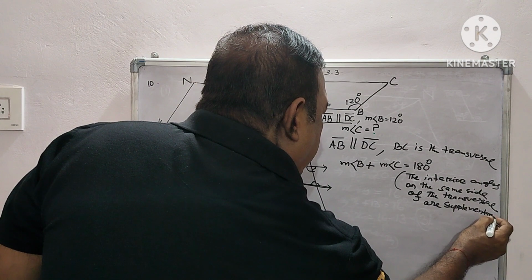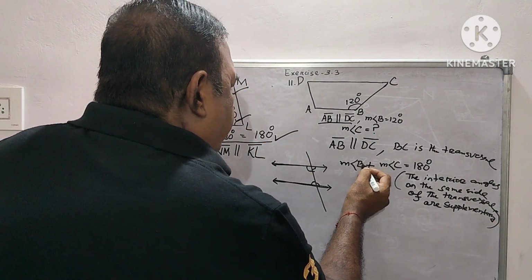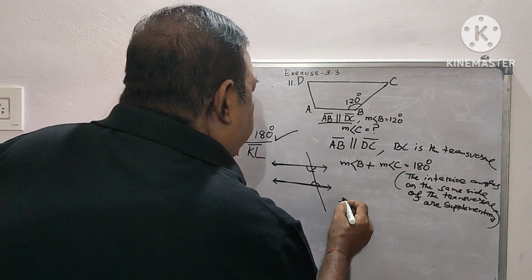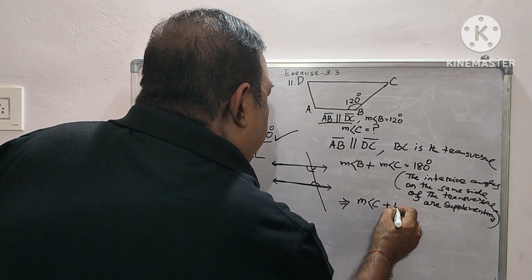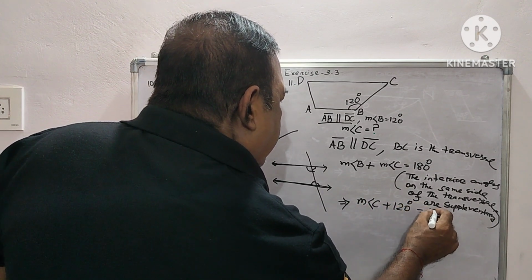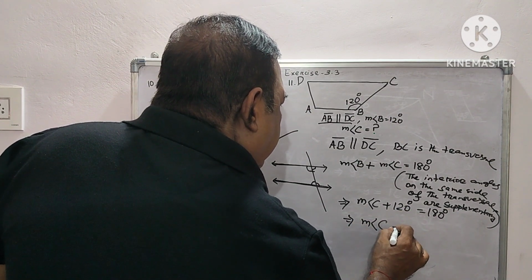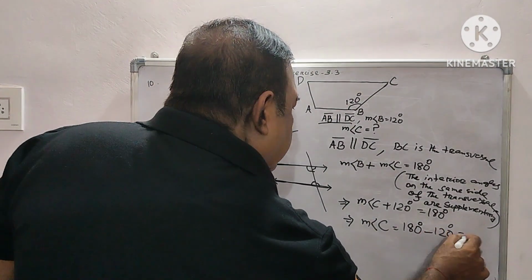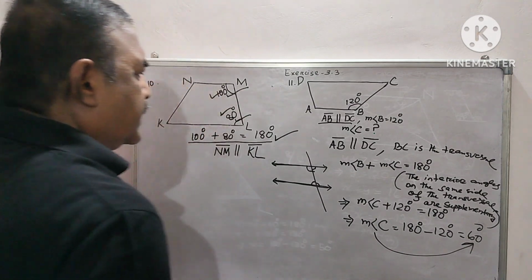So you see, the measure of this angle plus the measure of this angle is equal to 180. That implies measure of angle C plus 120 degree is equal to 180 degree. That implies measure of angle C is equal to 180 degree minus 120 degree, that is equal to 60 degree. So measure of angle C is equal to 60 degree.